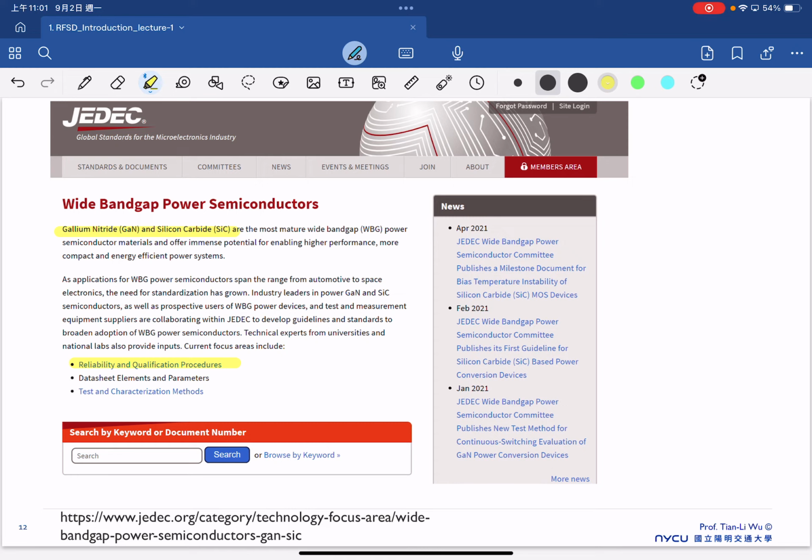So in this JEDEC standard, they list the standardized reliability test procedure and all of the datasheet elements and parameters.